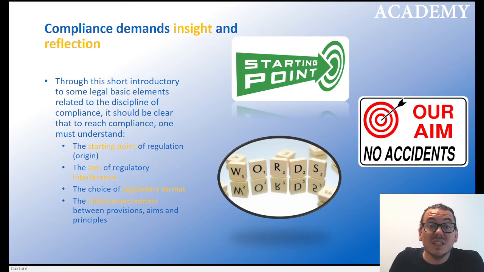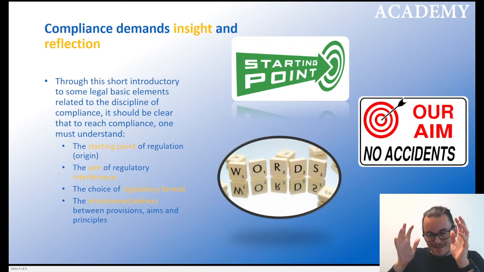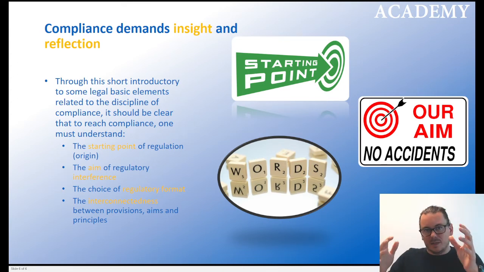Well, there might be some market failure, there might be something wrong that hasn't fixed itself, because typically, I know there are political agendas also, but typically we regulate when there are some faults or mistakes or something that is not effective or efficient in society, and then we regulate upon that.